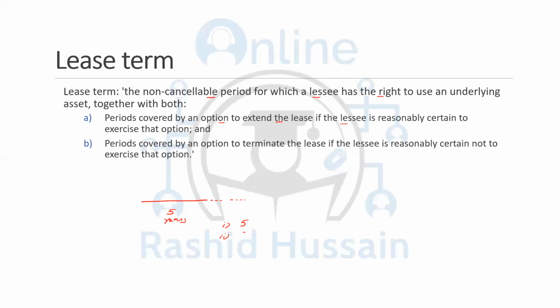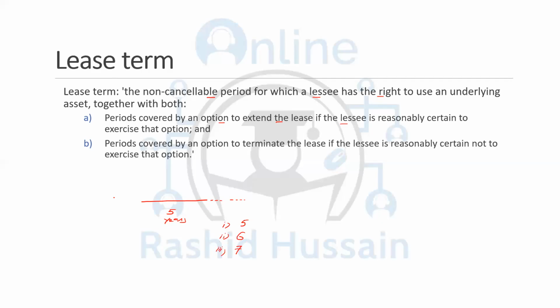In that case, the lease period is going to be 6 years. In the third scenario, they are reasonably certain that they will be availing the extendable period for both of the 2 years. In that case, the lease period is going to be 7 years.